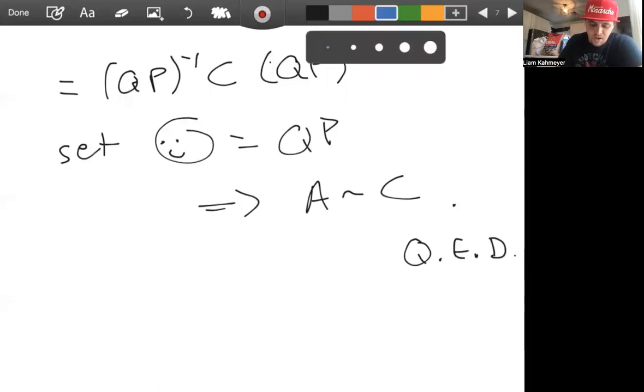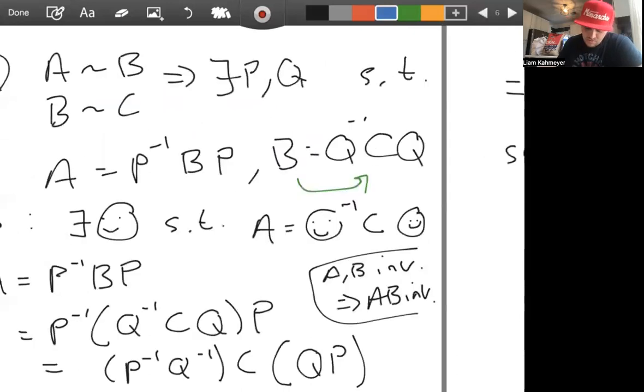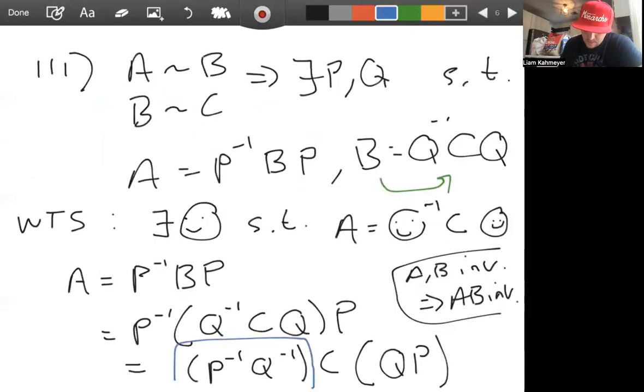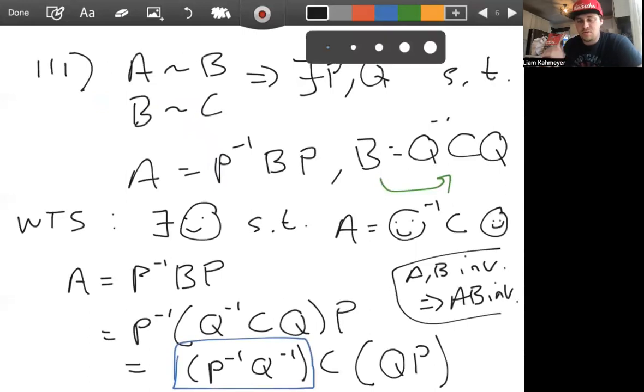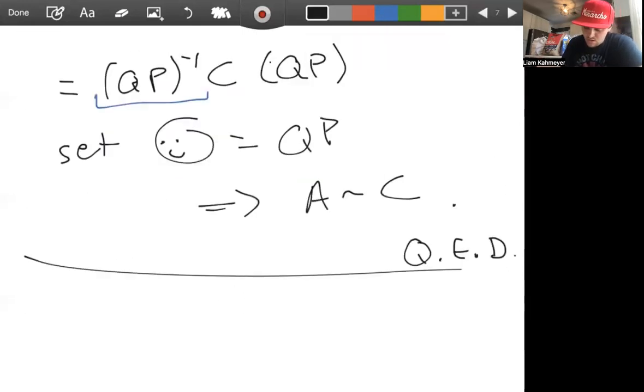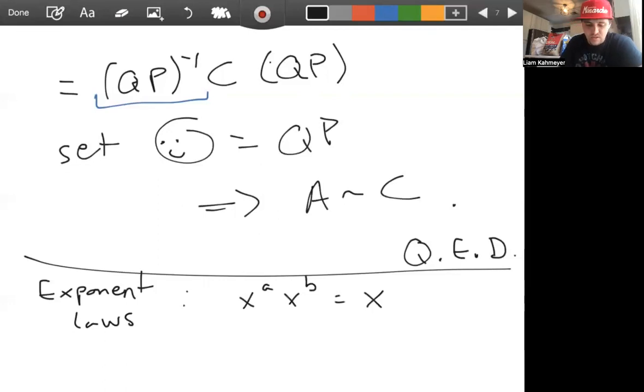So while this is on my mind, I remember when I was an undergrad, I had trouble understanding why the inverse flips. Because normally for the exponent laws that we learned back in kindergarten or whatever, if you have x to the a times y to the a, that's just xy to the a.